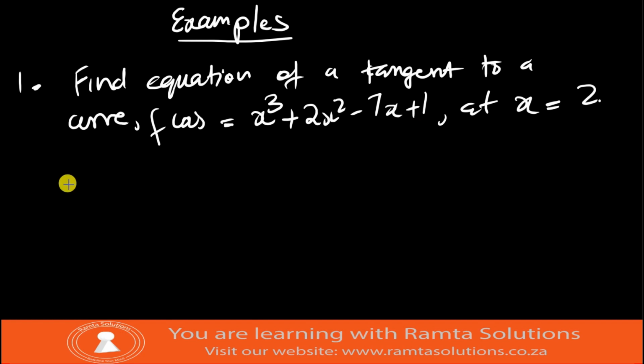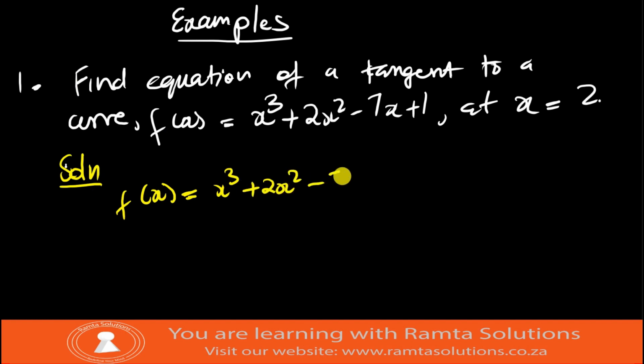So remember, to answer this question, let me change the color. We say f of x equals x cubed plus 2x squared minus 7x plus 1. We need to find the first derivative. What is the first derivative? The first derivative is f prime x.